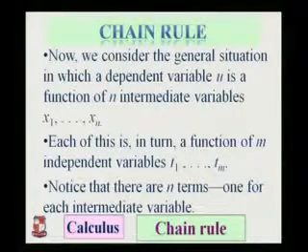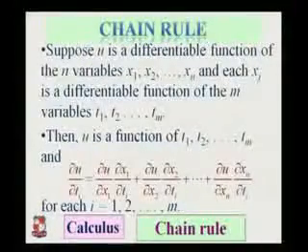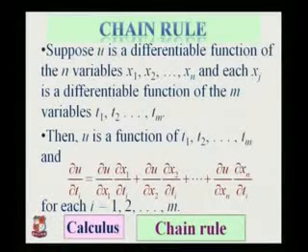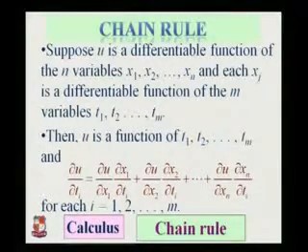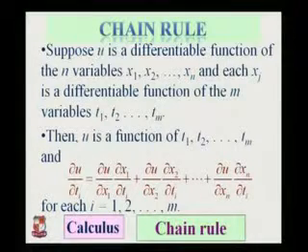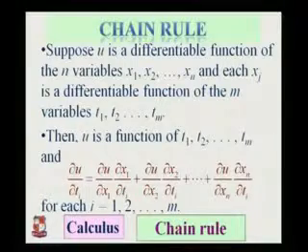Notice that there are n terms, one for each intermediate variable. Then suppose u is a differentiable function of the n variables x1, x2 up to xn. Each xj is a differentiable function of the m variables t1, t2 up to tm. Then u is a function of t1, t2 up to tm.